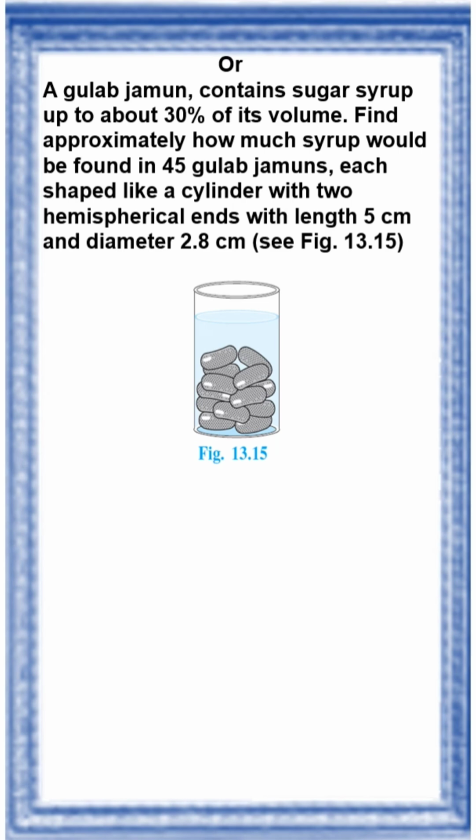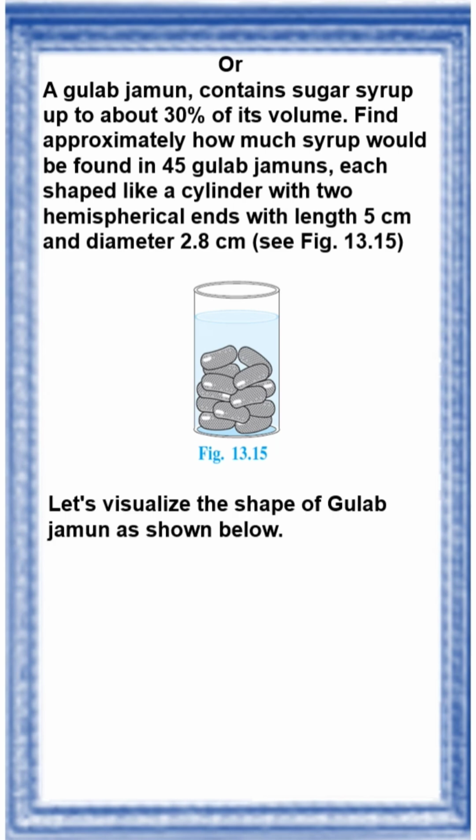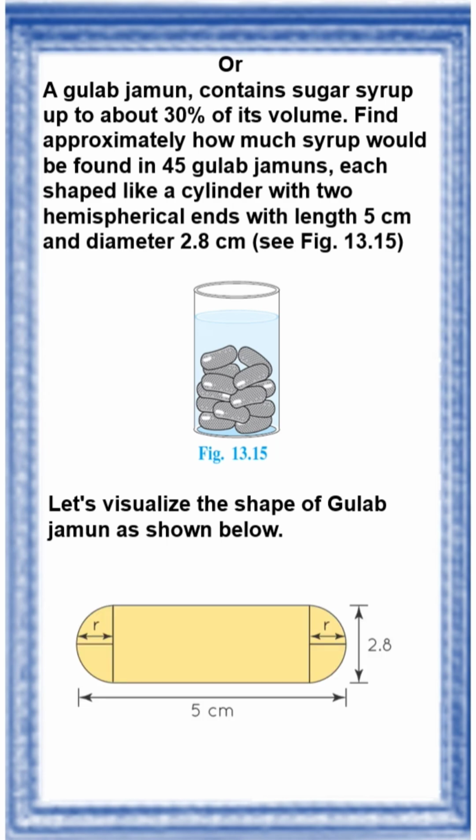See the figure. Now let us visualize the shape of the gulab jamun, a cylindrical shape with the 2 hemispherical ends. Full length of the gulab jamun is 5 cm. Diameter of the gulab jamun is 2.8 cm.